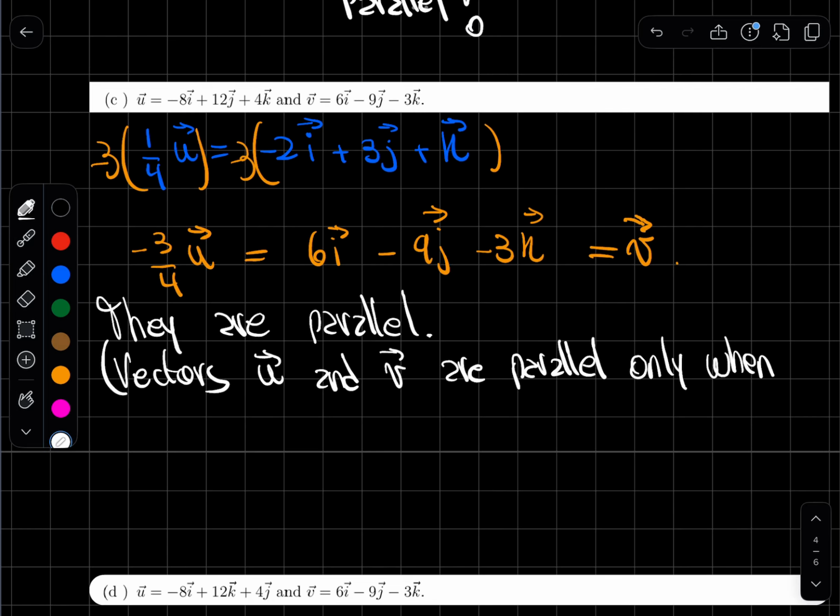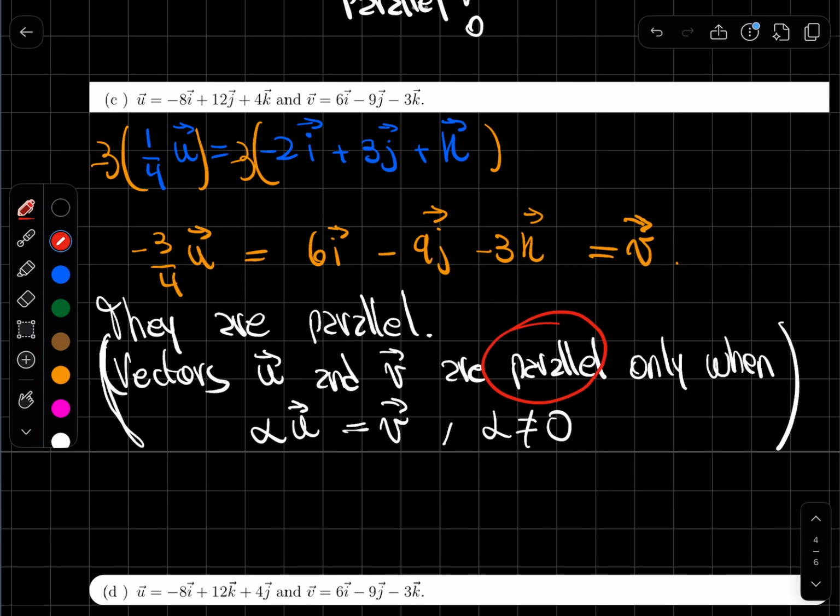So you can take u, multiply by some number, maybe alpha or something, and that gives you v when alpha is a non-zero number. Oops, it can't be 0. If you're taking notes, this is what to take notes on right now, on top of the problems, of course.